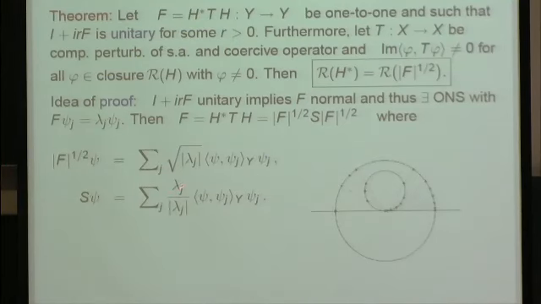Now we look at these quantities, we normalize them, and that means we put them on the unit circle here. So they lie in the upper unit circle. If you project them from 0 to the unit circle, they lie in the upper part.